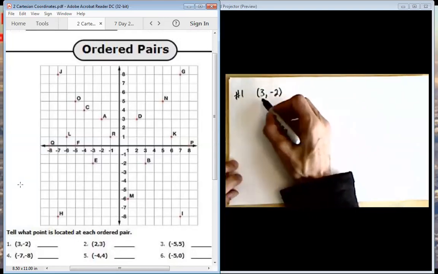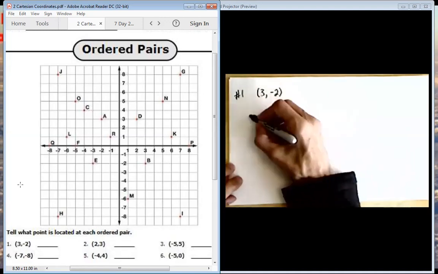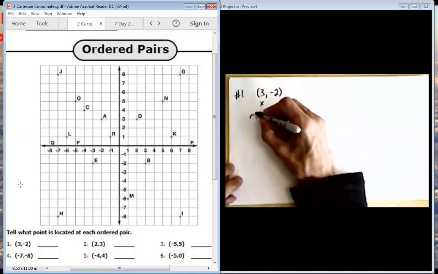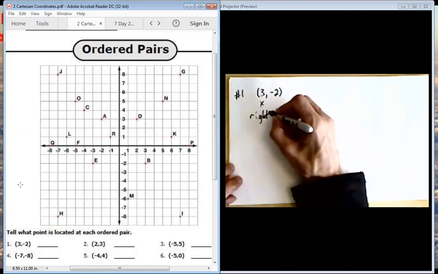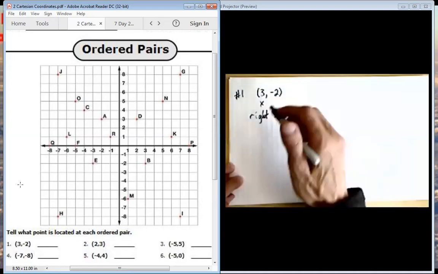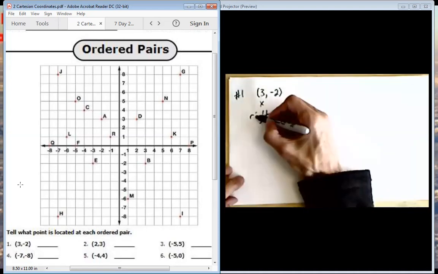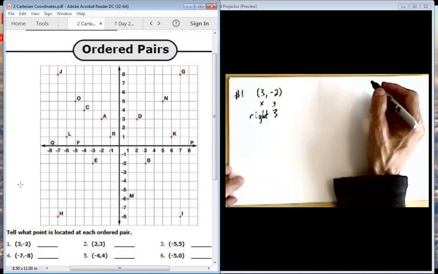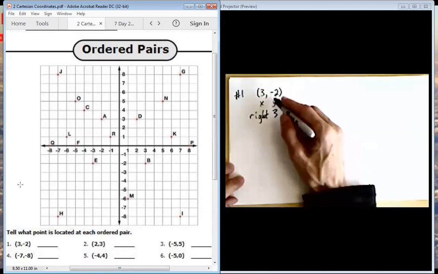If it says +3 in this location, what does it say? Nice. We're looking at this for the 3 for the x. So that says go to the right by 3. For the y, what is that saying? It says -2 for sure.